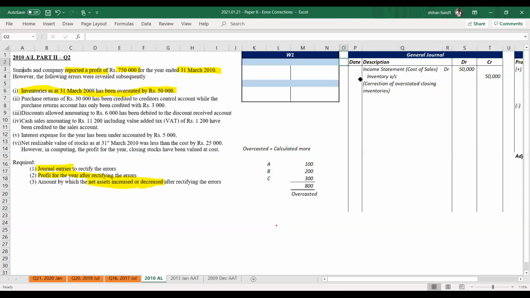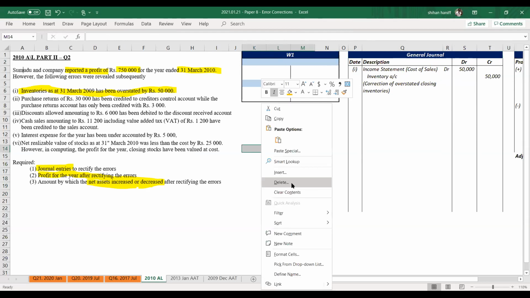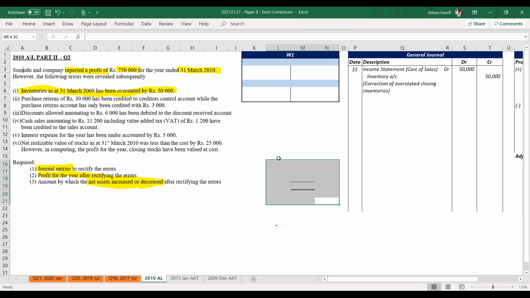Overstated closing inventories, that's number 1. Here we don't need a suspense account, because I explained overcasting, and that is not the case here. This is an overstated balance.